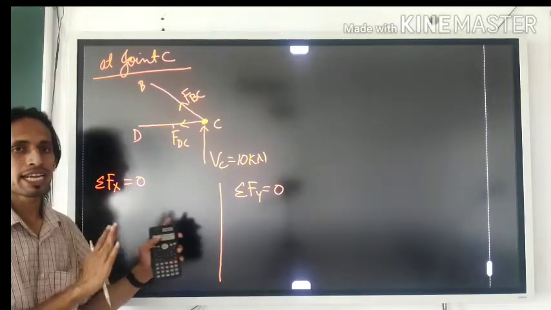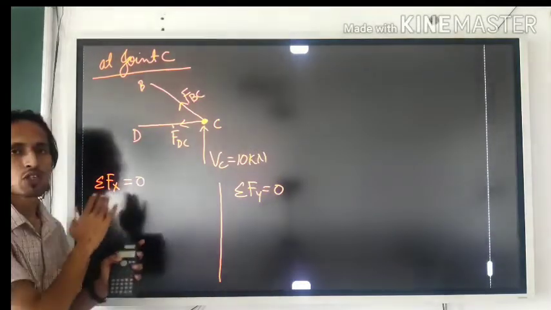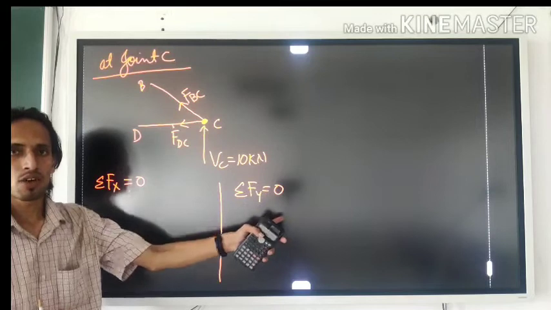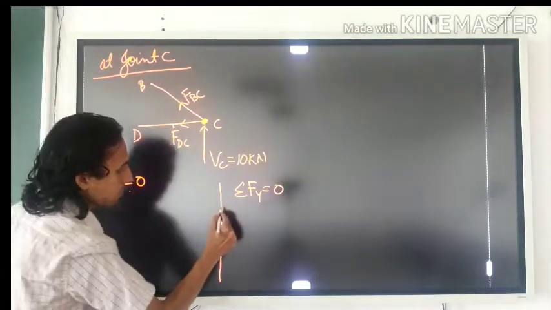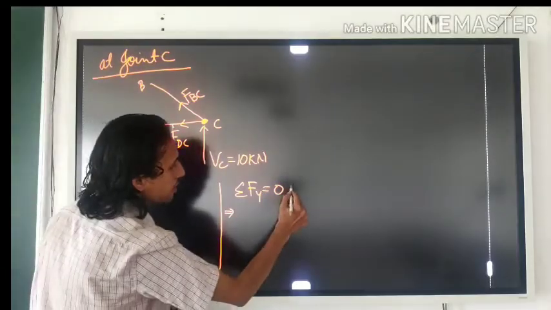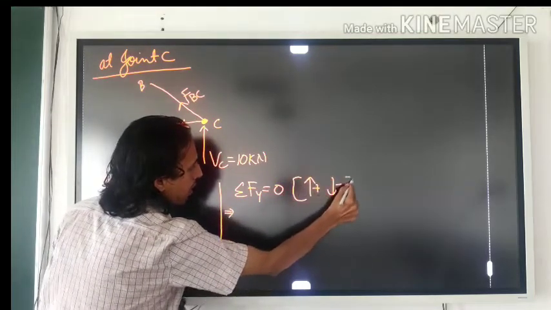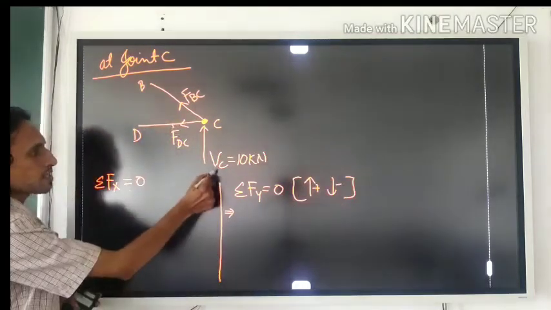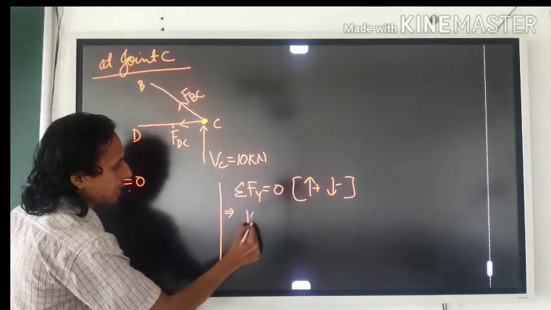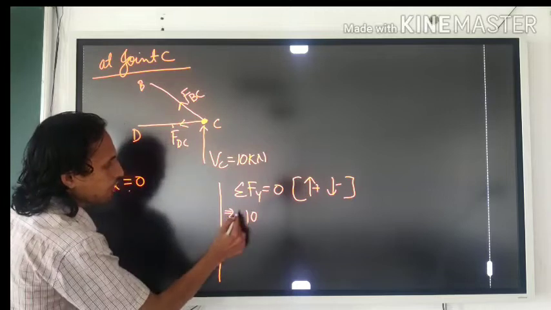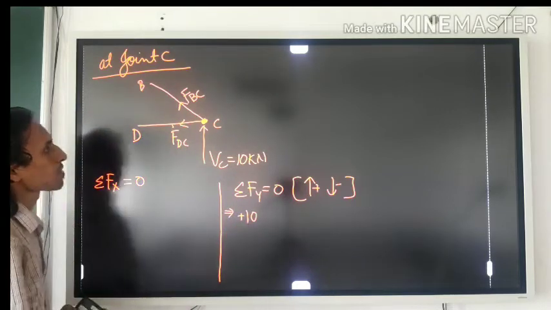So we won't write for Fx equal to 0 first, we will write Fy equal to 0 first. So let's start writing. The sign convention is upward positive, downward negative. So the first force is VC, that is 10 kilonewton. It is in upward direction, so positive.